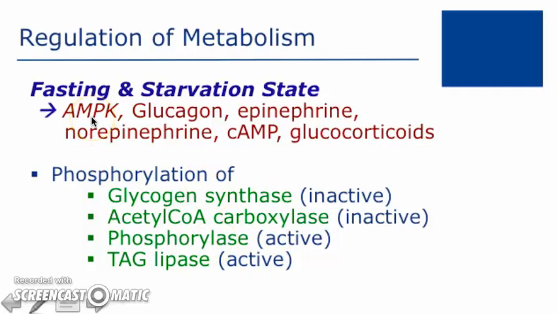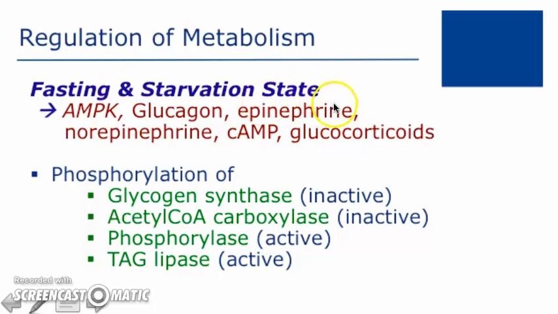So hormones and key signals that will be elevated will be the AMP-activated protein kinase, glucagon, which increases in response to a reduction in blood glucose levels. We also see increase in epinephrine, norepinephrine, cyclic AMP, and glucocorticoids, and these will be elevated during exercise.